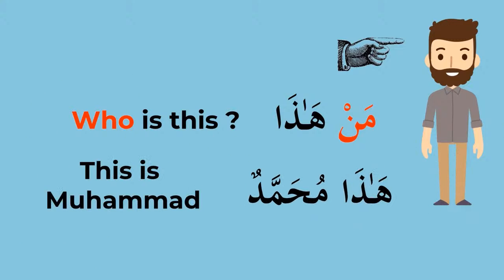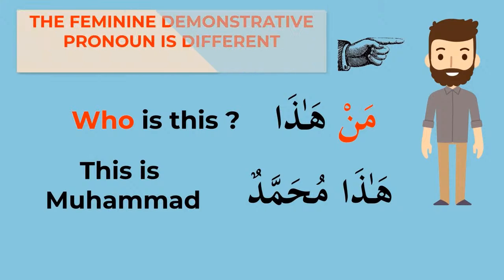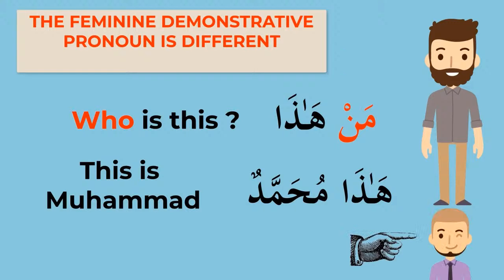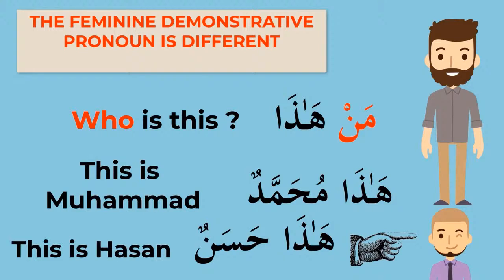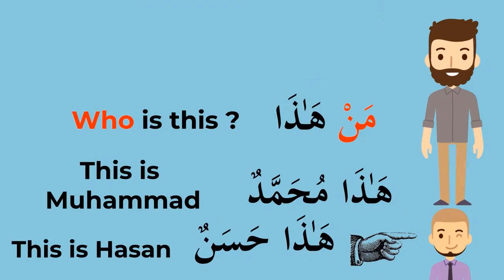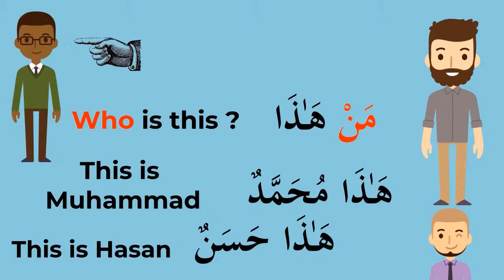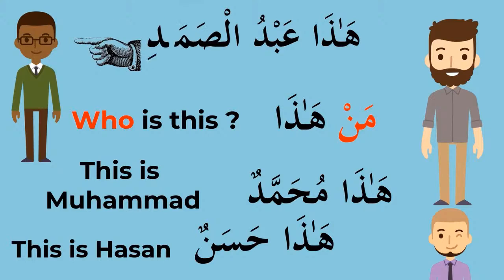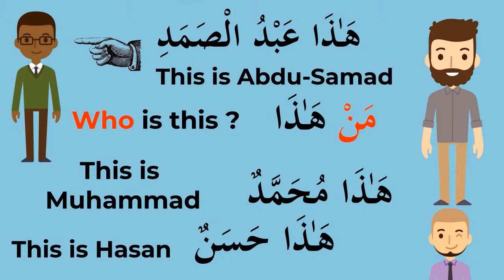I am not pointing to females now, for a reason I'll explain in the next class; from next class onwards, I'll point to sisters also. If I point to this brother, I will say man hadha, and the answer will be hadha Hasanun. If I point to the third gentleman, again man hadha, hadha Abdus Samad. Are you with me, brothers and sisters?